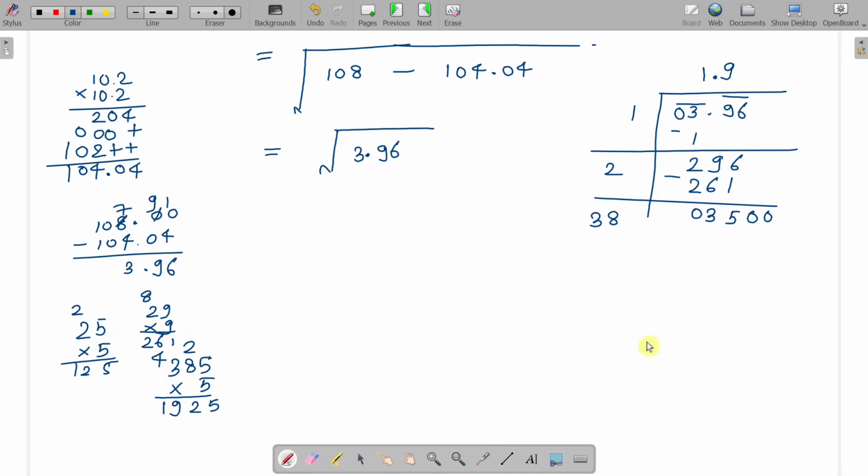Okay, so 388 times 8, let us see. 8 times 8 is 64, plus 6 is 70, 8 times 3 is 24 plus 7 is 31. So 3104. Okay, so this is the answer, 1.98, approximately.